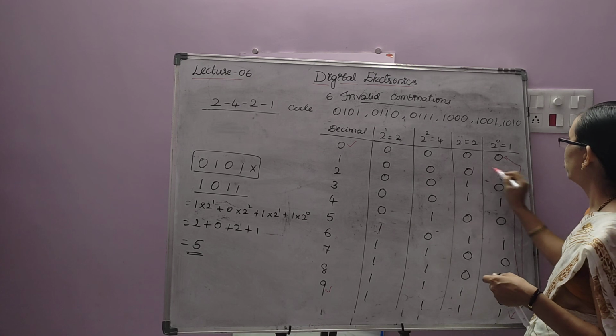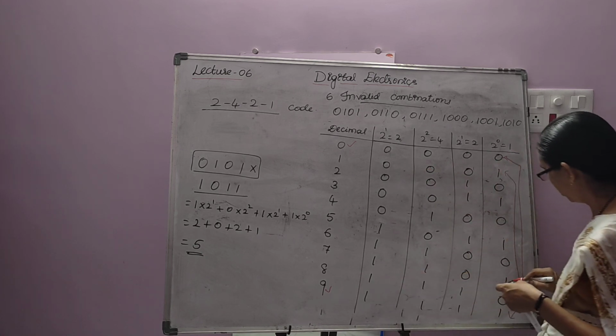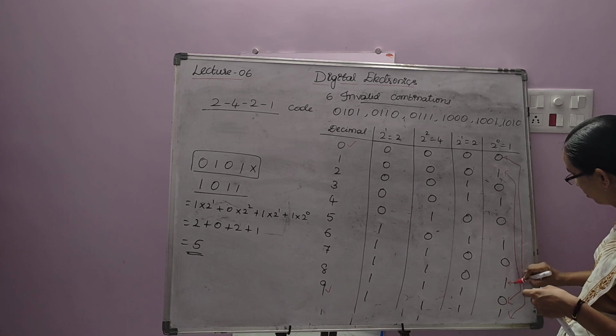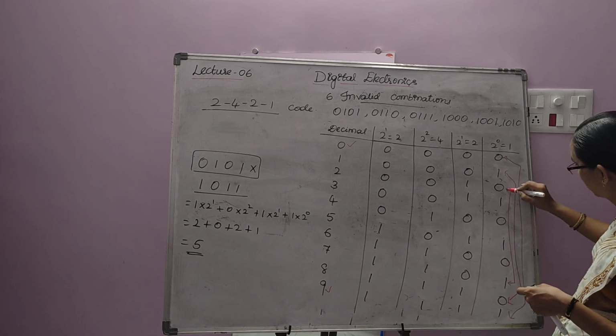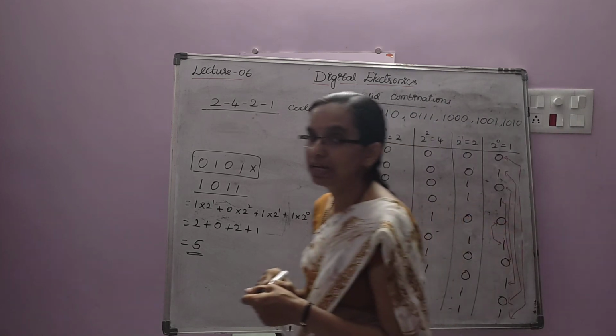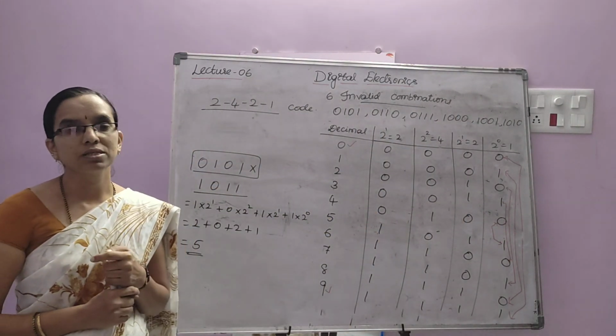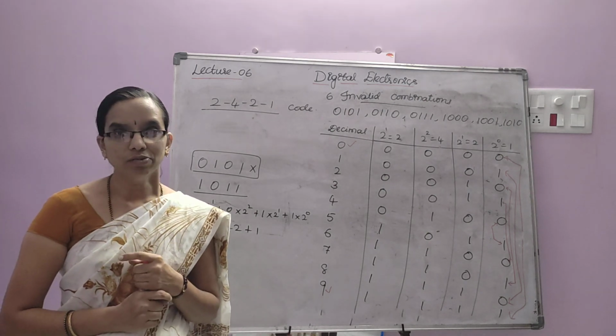And the complement of 0001 is 1110, which is the decimal equivalent of 8. So 2421 code is a self-complementary code as well as a weighted code, which helps in the process of subtraction.